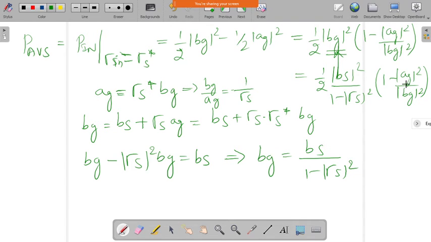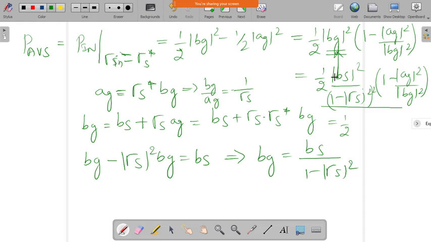If I take only the magnitude, we get 1 minus gamma S square. So we write half into, this is actually 1 minus gamma S square whole square, because it is Bg square, so when I put the square it becomes a whole square.